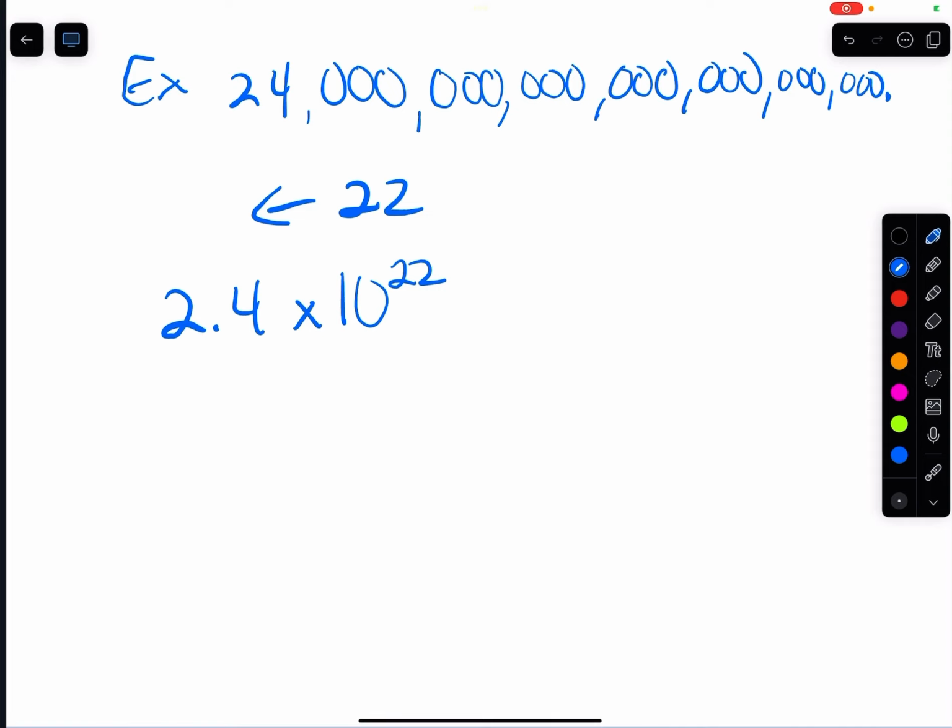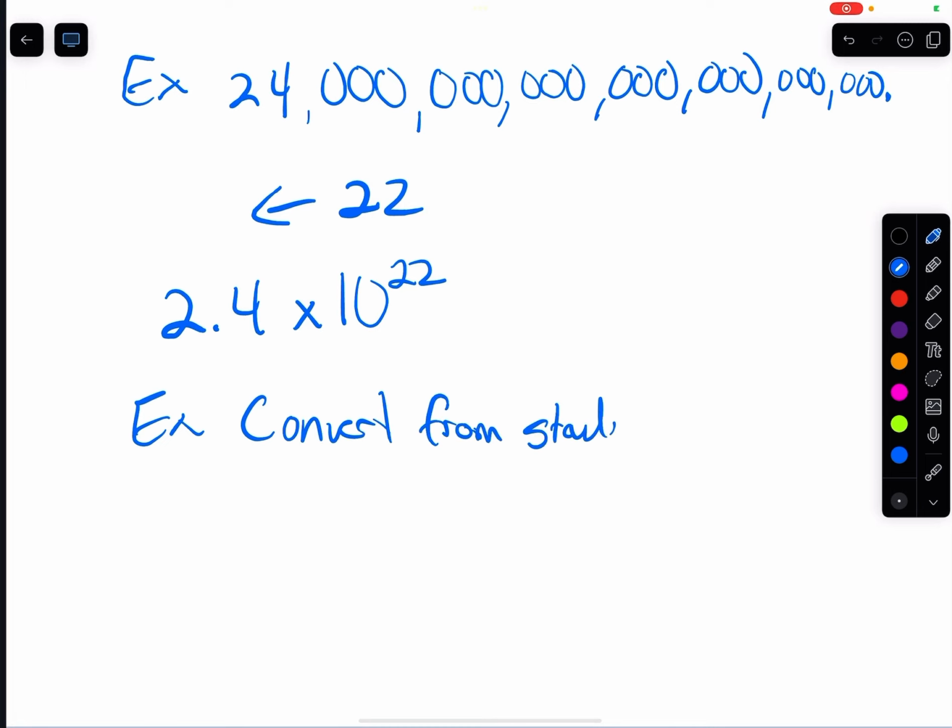Let's try one more. What if we're going to convert from standard to scientific notation.